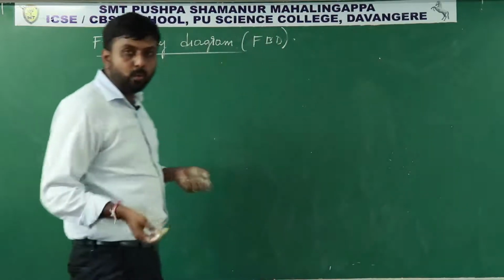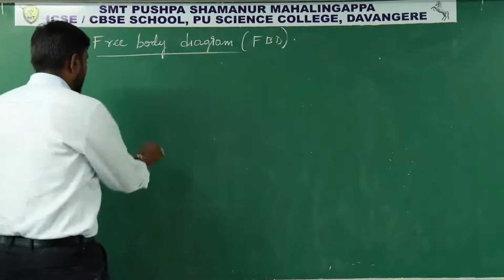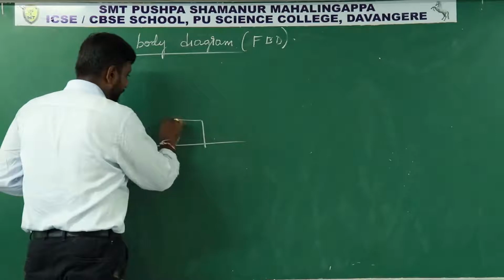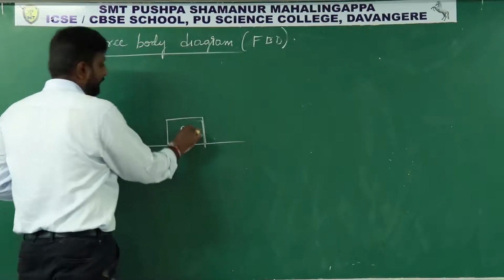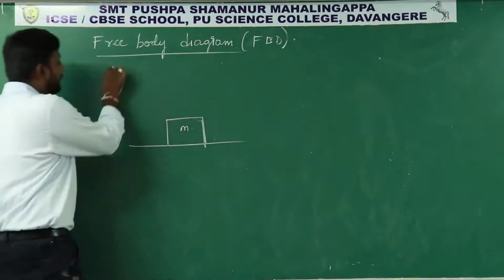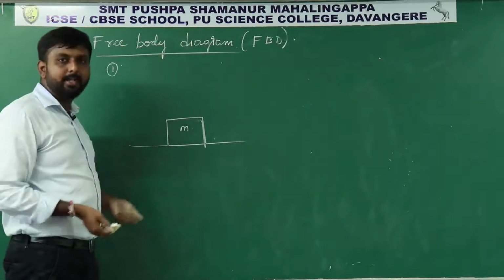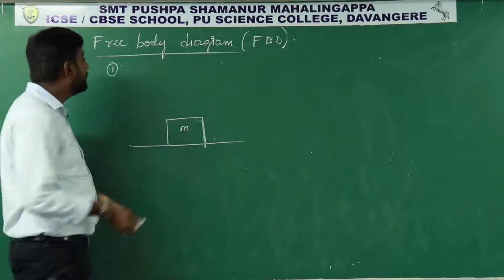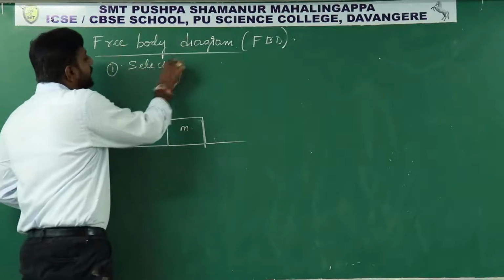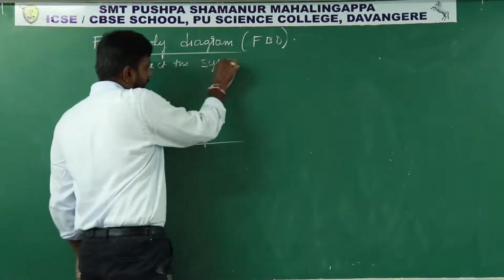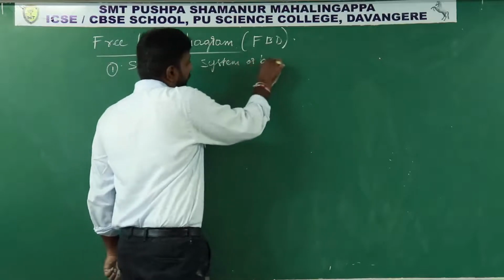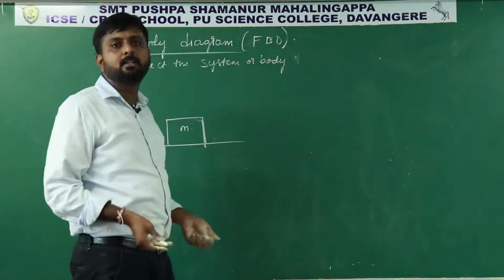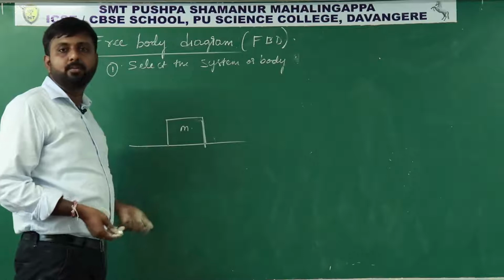Then, how do we write the free body diagram? Let us consider this is the surface, and on this surface there is a block of mass m. What is the first rule to write a free body diagram? Select the system or body on which we have to calculate the force.